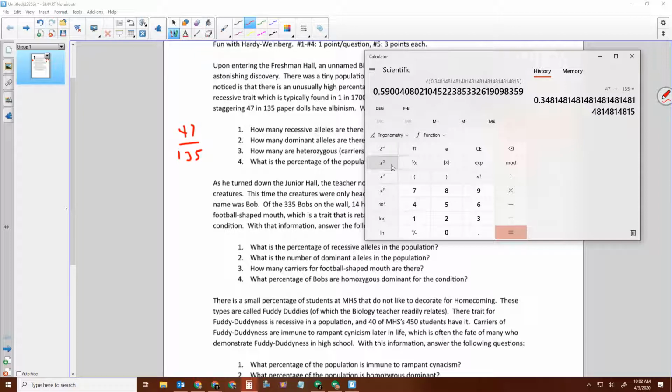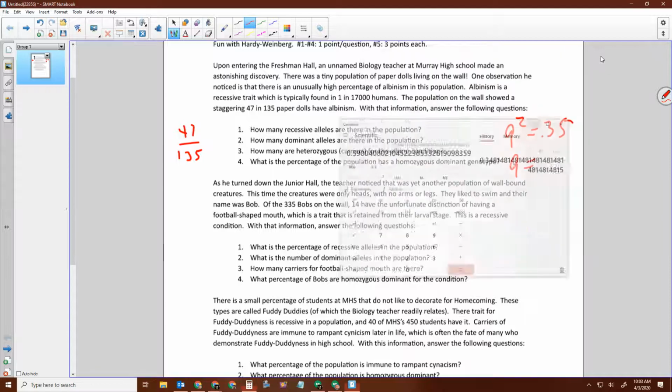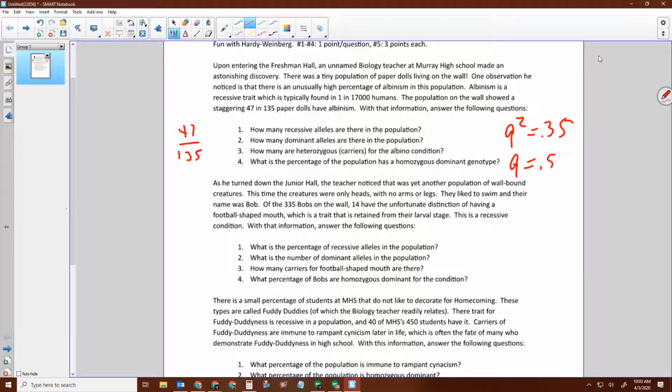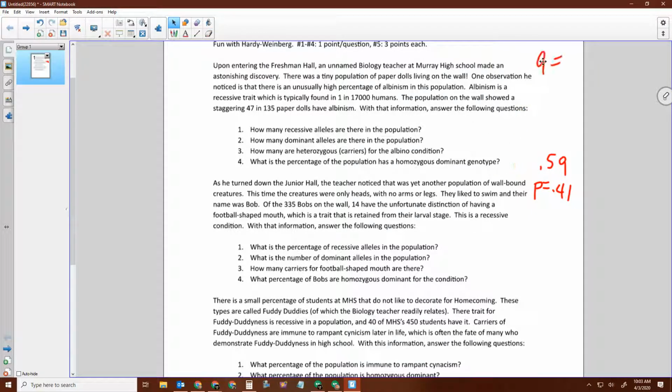So 0.59 is going to be our Q, which means that P is 0.41. And you may be wondering, I did all of this without even reading what the problems were, because now that I know this information, I'm able to solve every bit of this. Whatever problems it might throw at me, I'm going to be able to solve them.